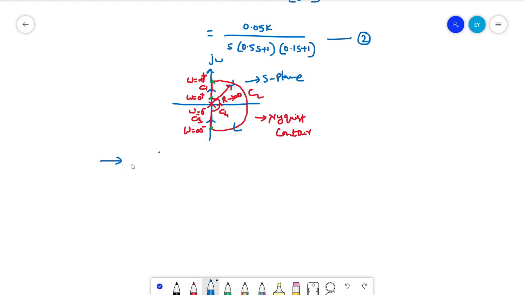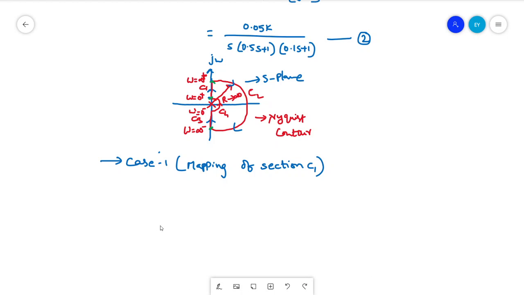Case 1, that is mapping of section C1. From this point, at omega equal to 0 plus to omega equal to infinity plus, we have to map this in the g of j omega and h of j omega axis.